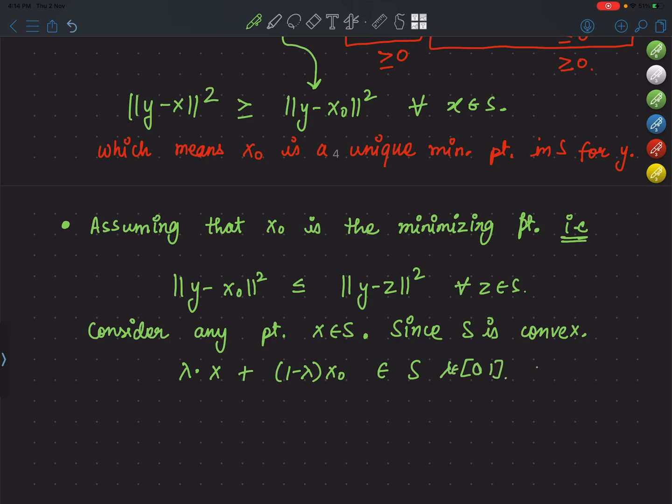This is the definition of a convex set, right? So this also belongs to set S.